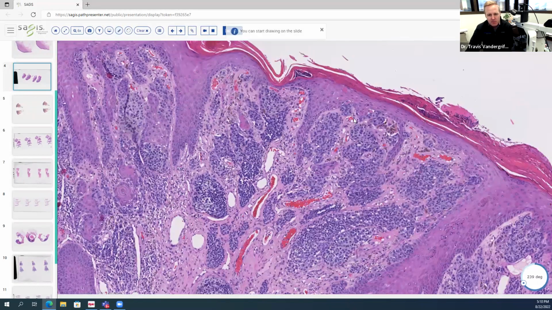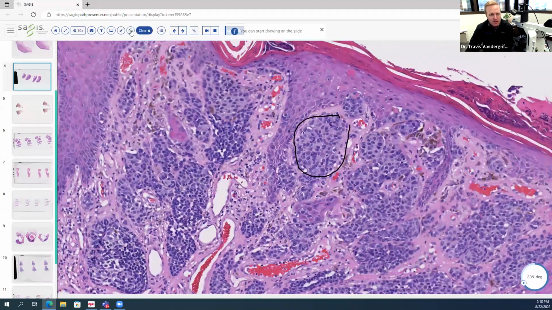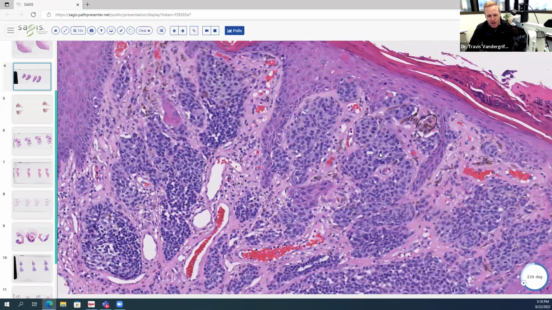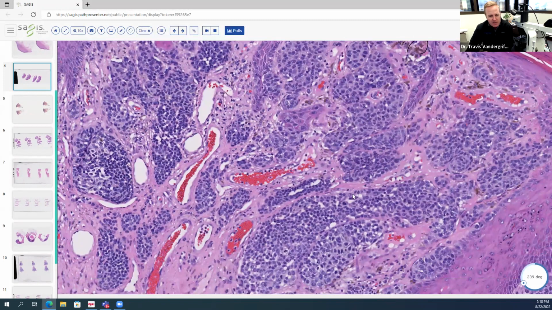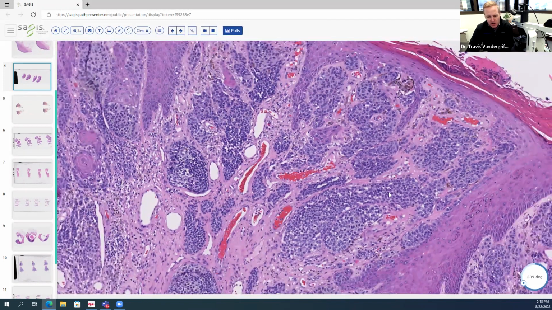I can tell that because we've got nests of melanocytes in the papillary dermis. Some of them are making melanin, which is this brown pigment, and that helps us also recognize it as melanocytic. What is alarming me is the architecture here, which shows a lack of maturation.